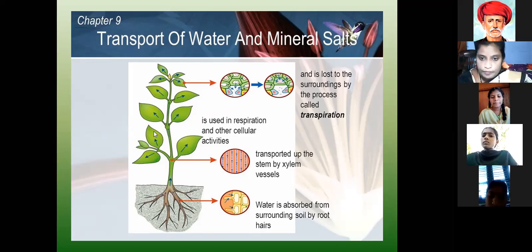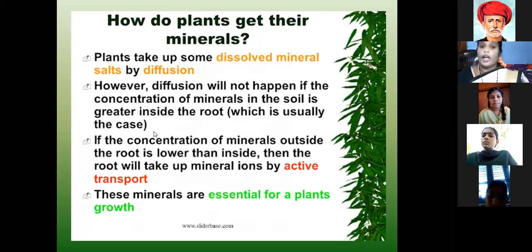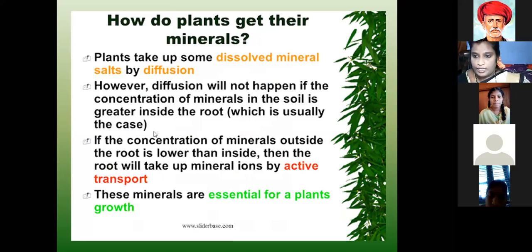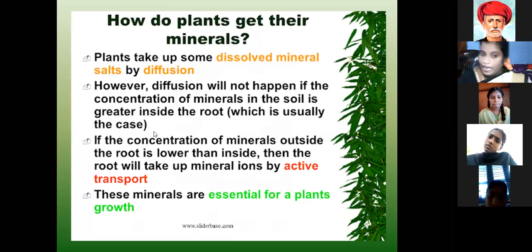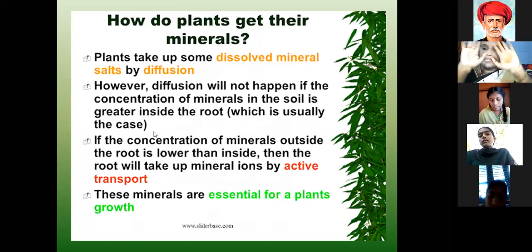Okay, madam. See, how do plants get their minerals? Plants take up some dissolved mineral salts by diffusion. The soil has water and minerals, ma. The roots dip in the soil. The roots absorb water and minerals and transport them to the remaining parts of the plant.